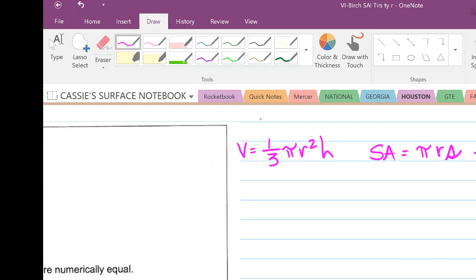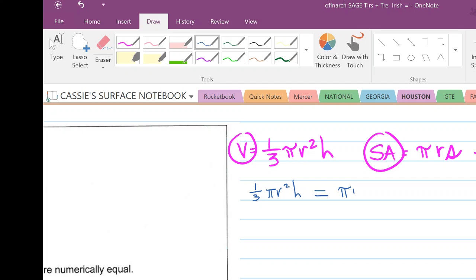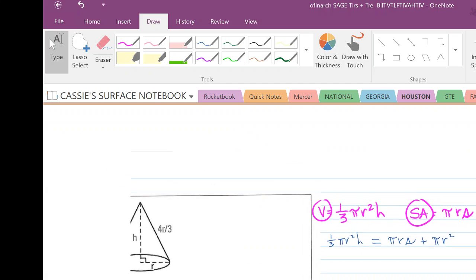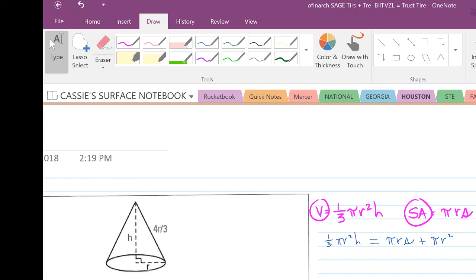And so, I know that the volume and the surface area are equal, which means that this equation, 1/3 pi r squared h, has to be equal to this equation, pi r s plus pi r squared. I know that the slant, which is right here, is already written out in terms of r.